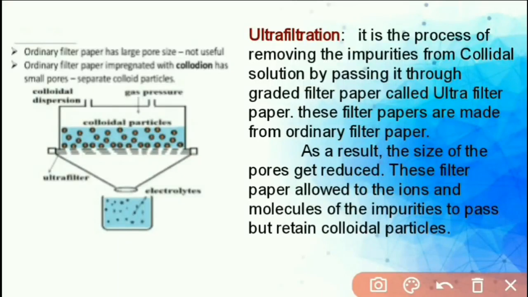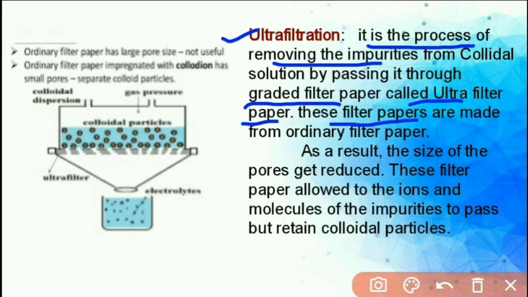Next purification method is ultrafiltration. It is the process of removing impurities from colloidal solution by passing through graded filter paper, called ultrafilter paper. This filter paper is made from ordinary filter paper. See in this picture, ordinary filter paper has large pores and it can also pass the colloidal particles.